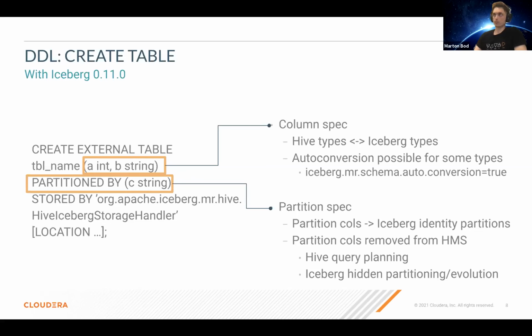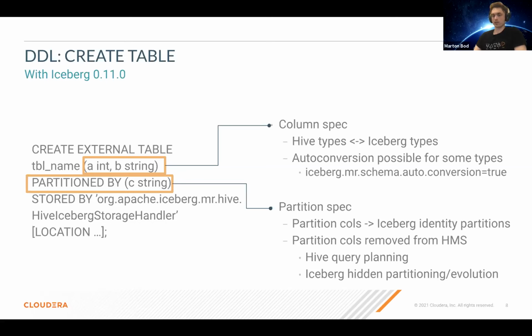Most of the types that we have in Hive should work out of the box, and they should have an equivalent in Iceberg. But there are some types that are not supported by Iceberg because it doesn't have an equivalent one. For example, if we wanted to use smallint or tinyint or varchar, those by default would throw an exception if you wanted to create a table with those columns.